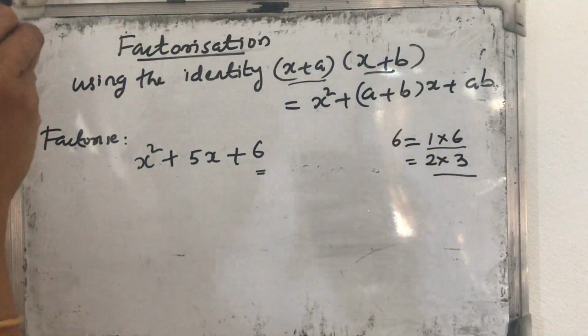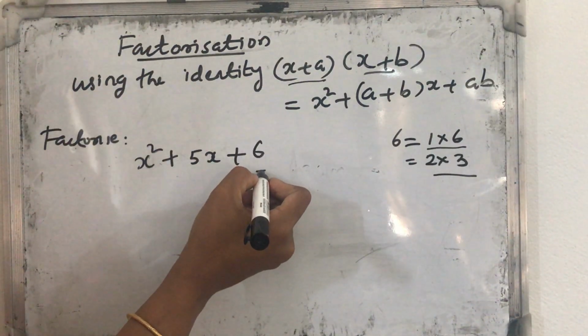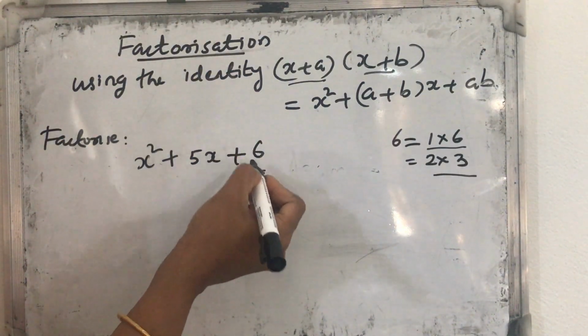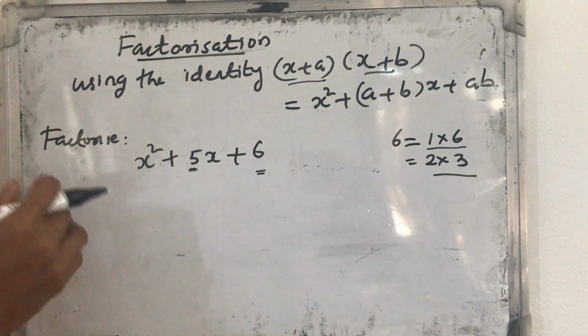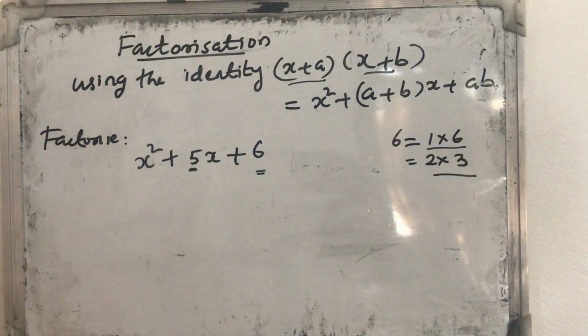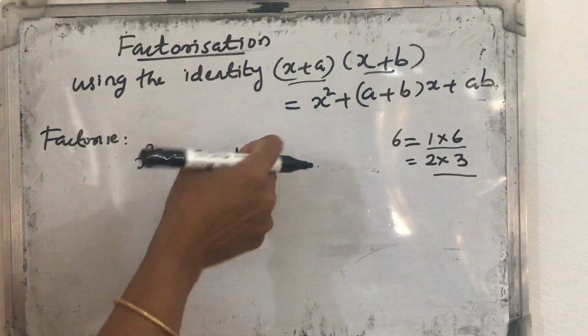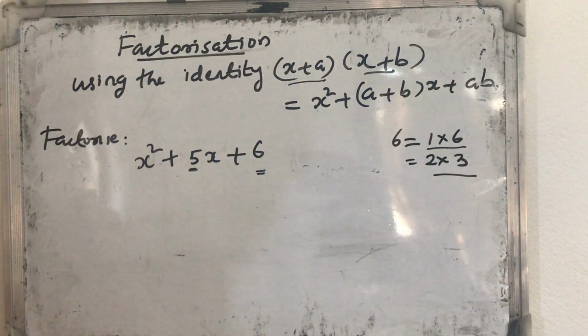We want two numbers whose product is 6 and whose sum is 5, the coefficient of x.